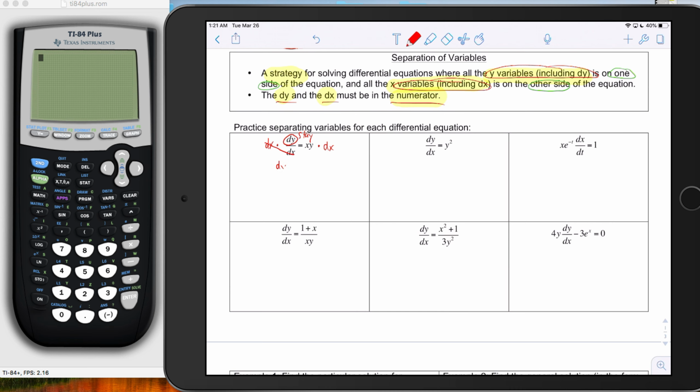So I have dy equals xy times dx. And now the x and the dx are together, which is great. But I need to get rid of the y, so I'm going to divide by y, or I'll just times it by 1 over y. Okay, so then we have 1 over y dy is equal to x dx. We're all set there. Done. Separated our variables.